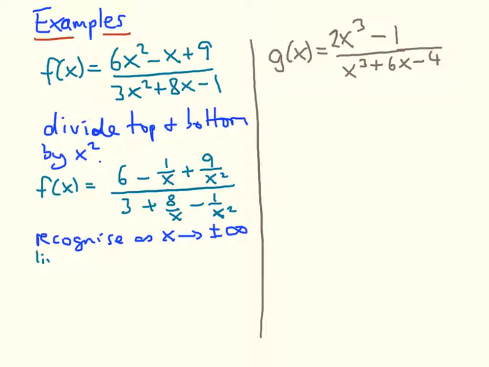So therefore we see that in the limit, as x goes to plus or minus infinity, f of x is going to go to 6 plus 0 over 3 plus 0, and 6 over 3 is 2.